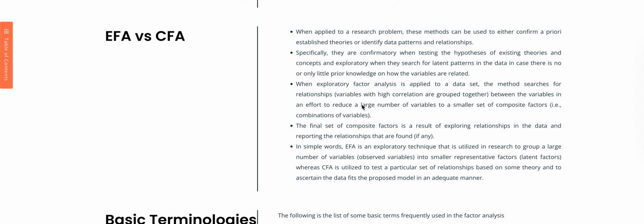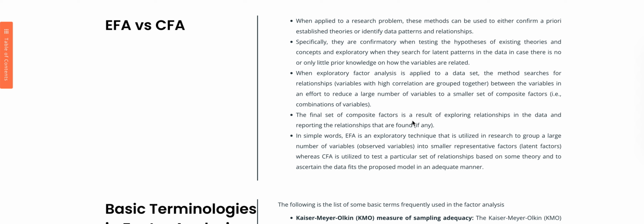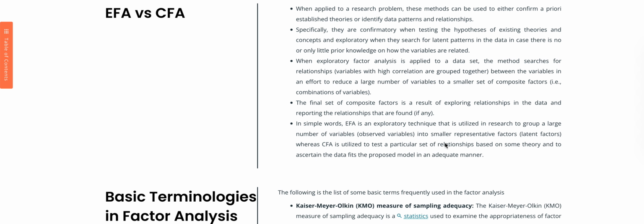When exploratory factor analysis is applied to a data set, the method searches for relationships between the variables, and variables with high correlation are grouped together, in an effort to reduce a large number of variables to a smaller set of composite factors, that is, combinations of variables. The final set of composite factors is a result of exploring relationships in the data and reporting the relationships that are found, if any.